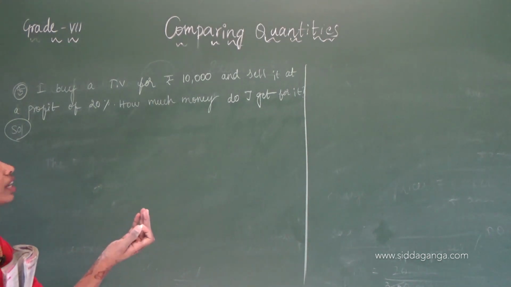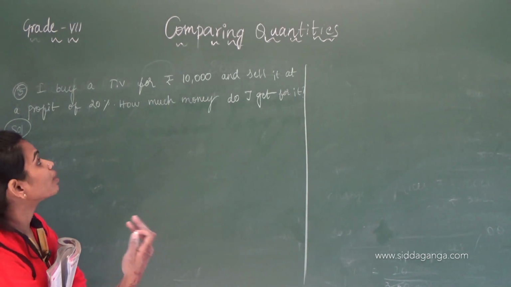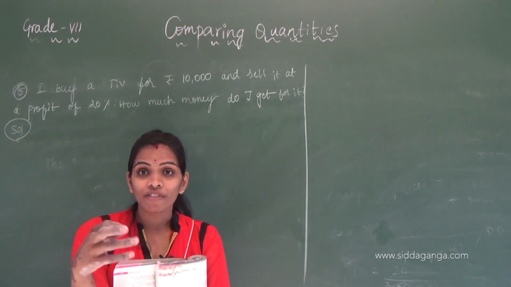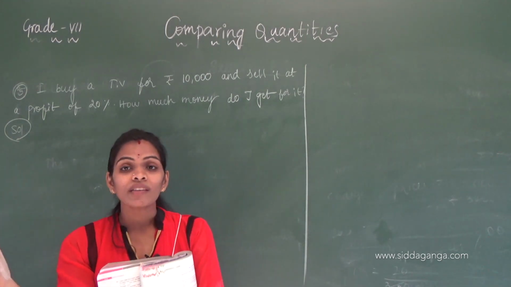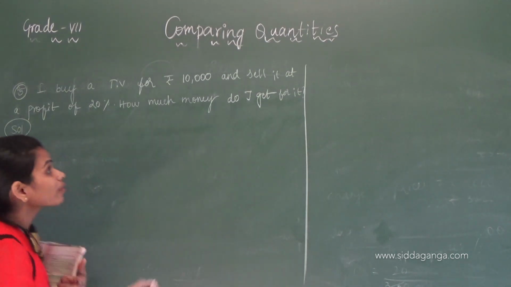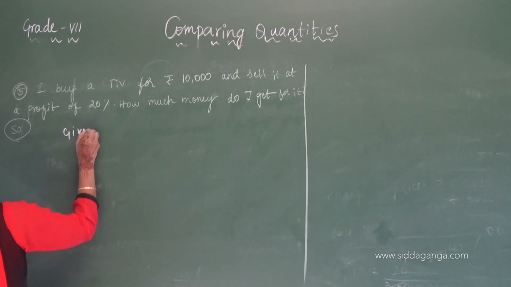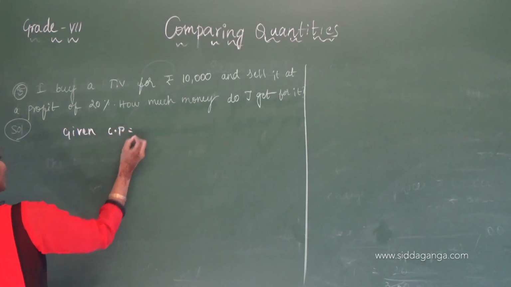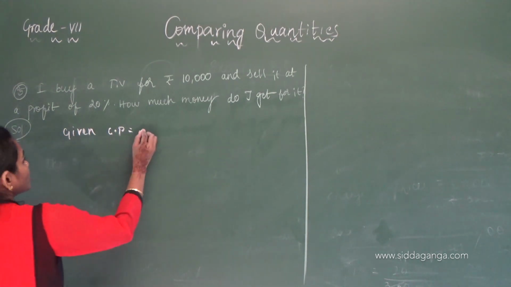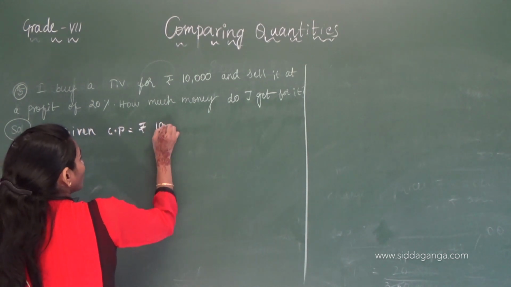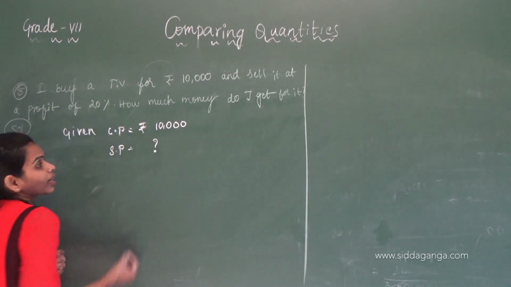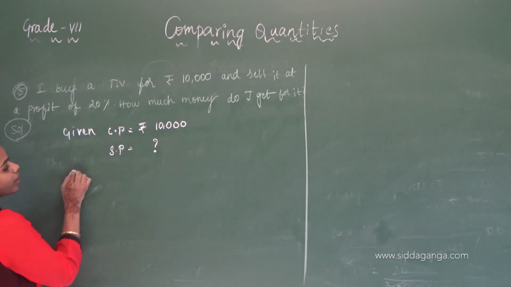If you find the SP, that means the selling price, the difference between SP and CP gives the profit. What is given? CP of that item, 10,000. SP, they didn't give anything. Correct?